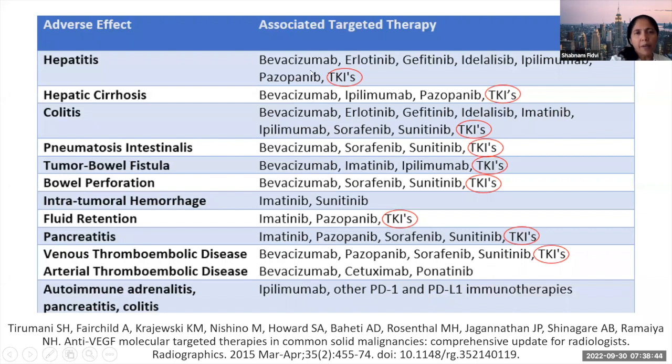Common among these are bevacizumab, which is used to treat metastatic colorectal cancer and also some epithelial ovarian cancers, and then TKIs or tyrosine kinase inhibitors, which pretty much seem to be on the list to cause a variety of complications. And again, I encourage you to read this article from Radiographics in 2015 for a more comprehensive review.